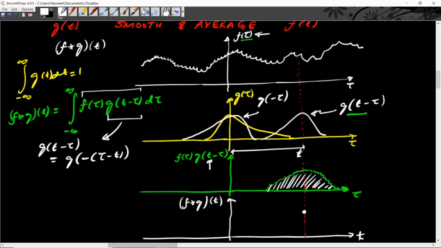And we'll repeat this process for different values of time t, that is the time by which this function g that has been flipped is translated.